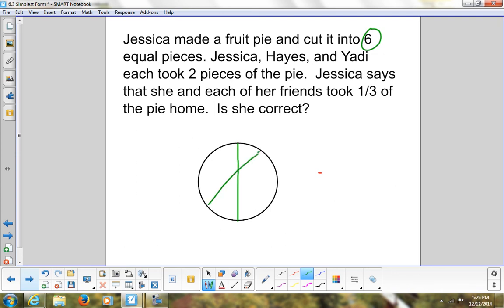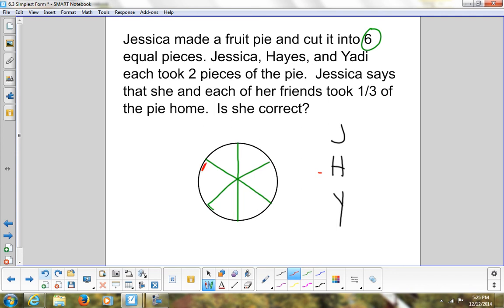Oh, that's not equal. Alright, that's close. 6 equal pieces there. And we have Jessica, Hayes, and Yadi. Alright, so I'm going to color the pieces of the pie.